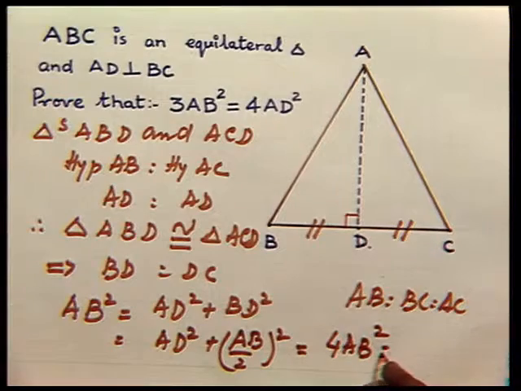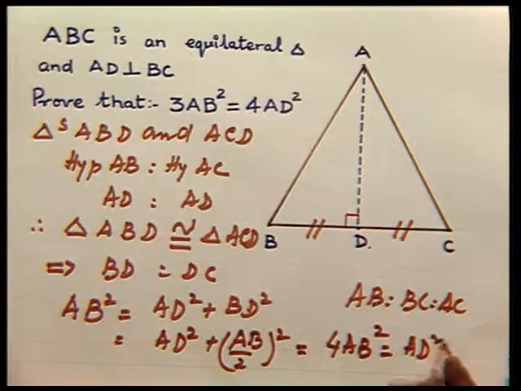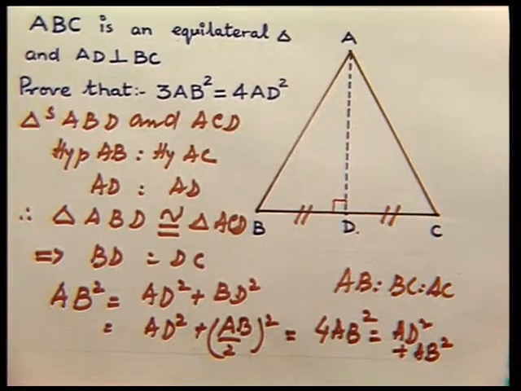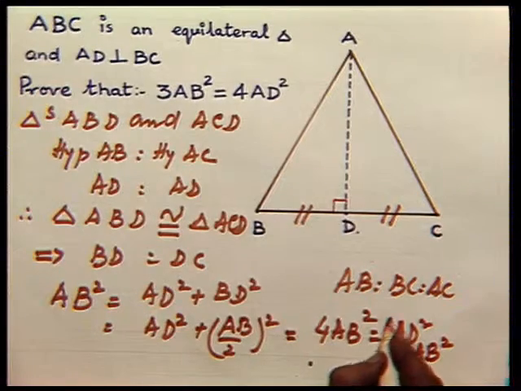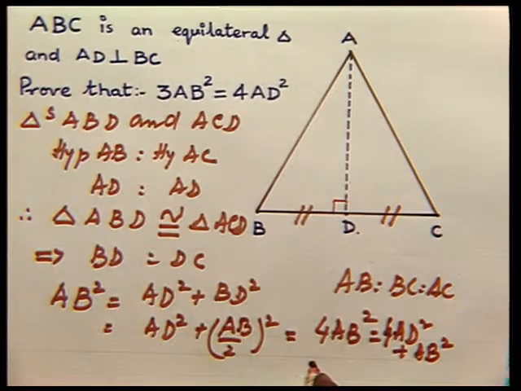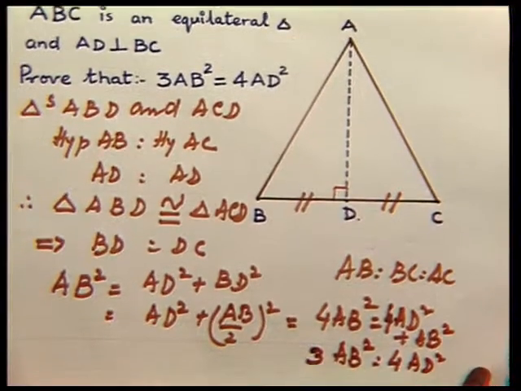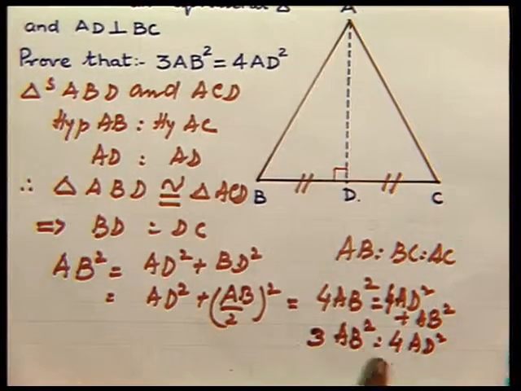Now, on simplifying this, we will get 4 times AB squared is equal to AD squared plus AB squared. And just by transposing this AB squared to the other side, we will get our required result. 3 times AB squared is equal to 4 times AD squared. And that was the result which we were interested in establishing.